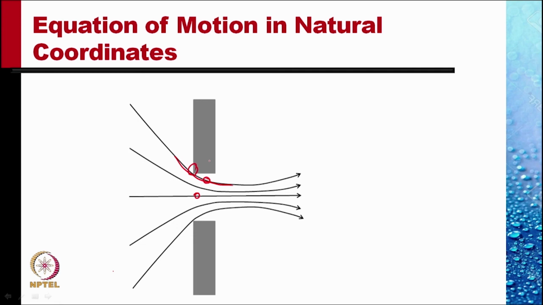Pressure on the outside is atmospheric, so the pressure at the center of the jet would be more than atmospheric. It is only later, when the flow straightens out at a location which we call the vena contracta, where the flow is straightened out, that the pressure should be equal all across.